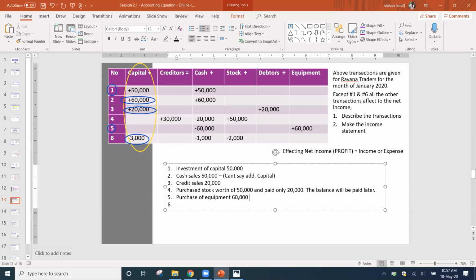In the last transaction, transaction number 6 does not affect the profit.